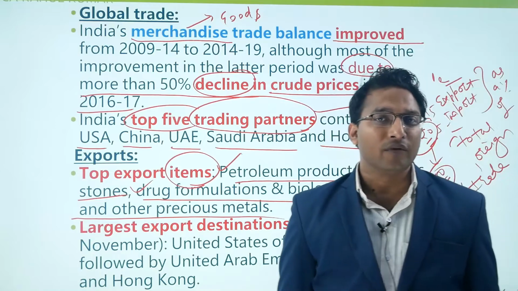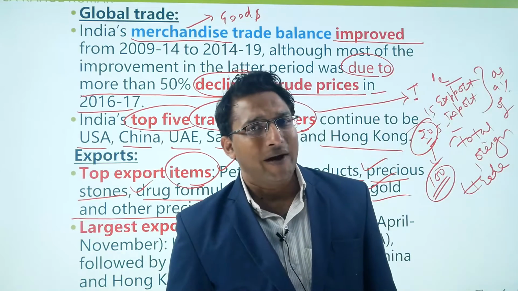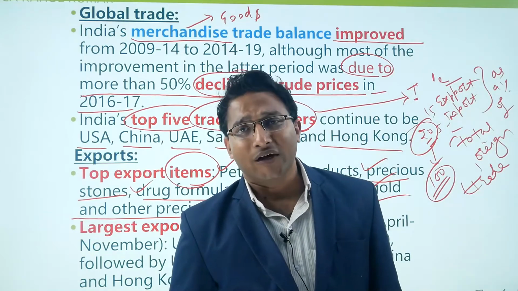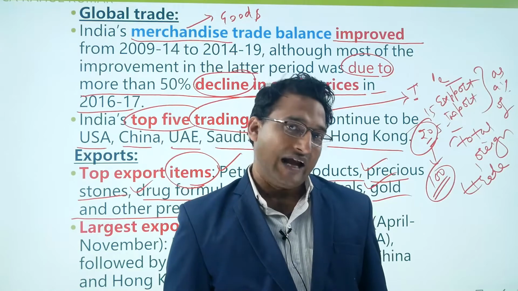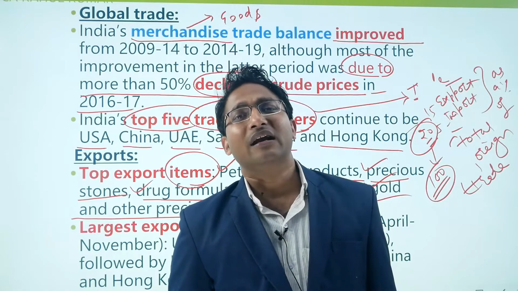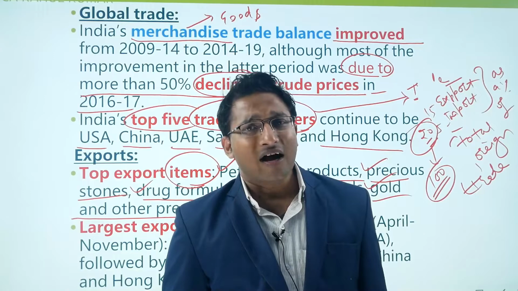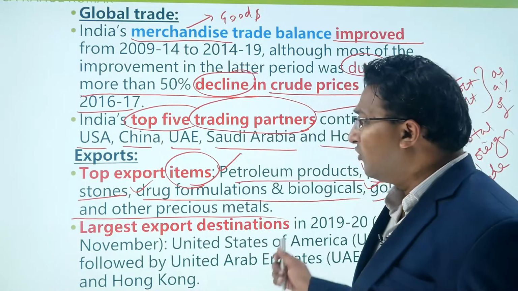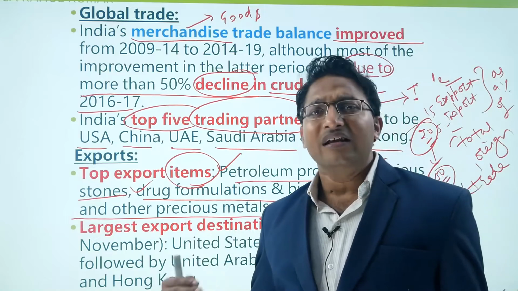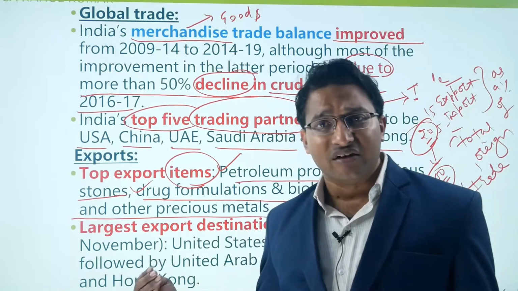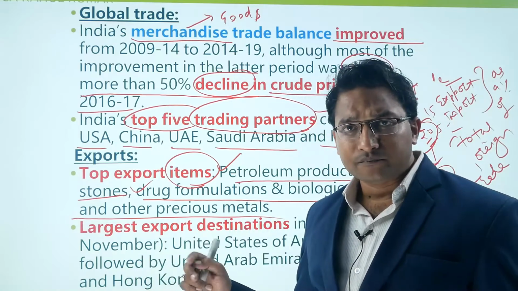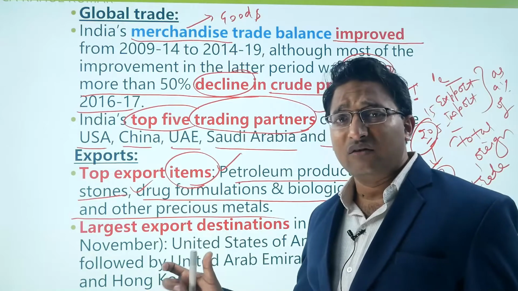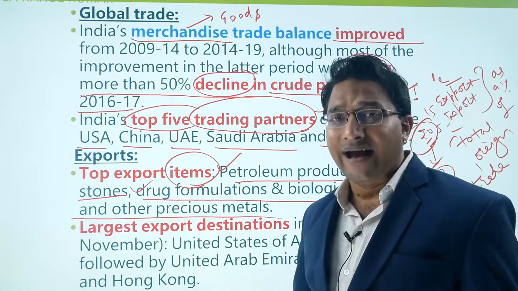Friends, you might ask, sir, what is important in the examination from this slide? You can just remember the name of the items. They will not ask the chronology. They will not ask out of all the items which is the topmost item. But still you should know, as an aware citizen, from the overall exam perspective, what the important items are.